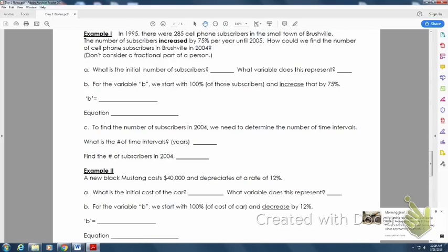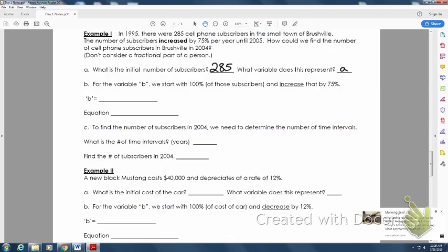So, what was the initial number of subscribers in this town? 285. This is usually going to be the easy thing to find, the A value. It's whatever you're starting off at. The B value is a little bit trickier, especially for decay, which we'll get to in the next example.